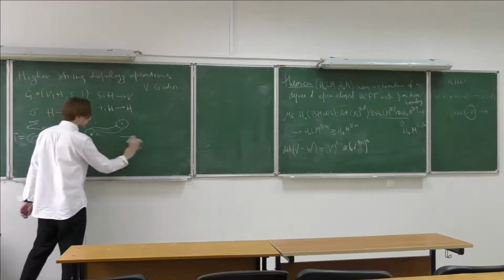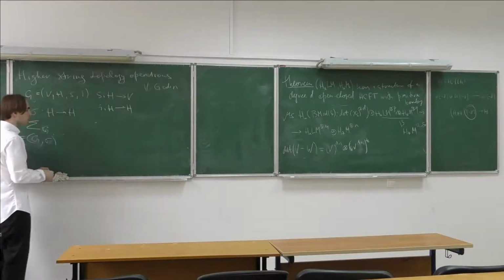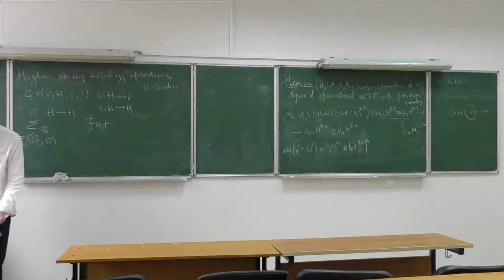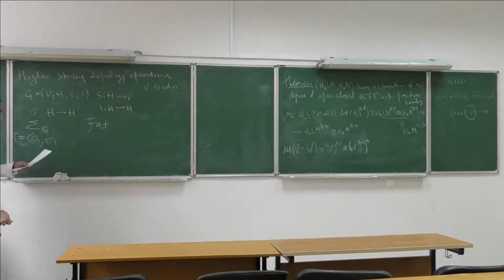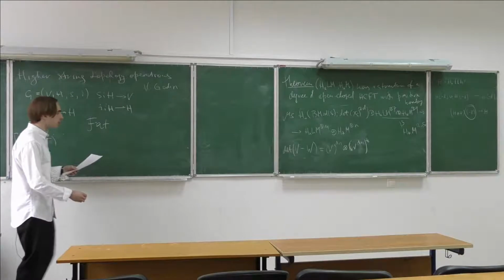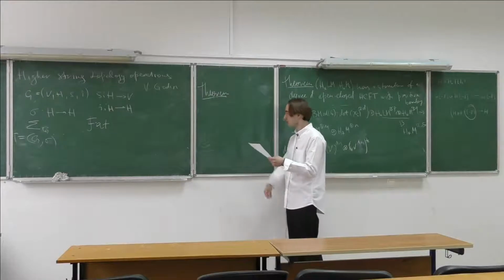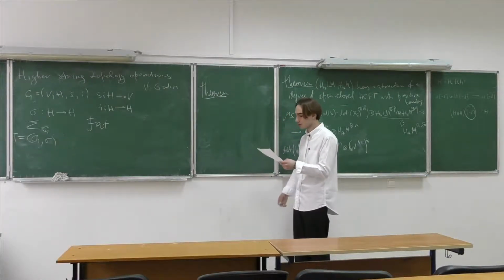These fat graphs form a category which is called Fat, a category of fat graphs, with appropriate morphisms. I don't think that I will get into much detail about how this category works, but the main theorem about it has been proved by different people, by Kontsevich, Igusa.